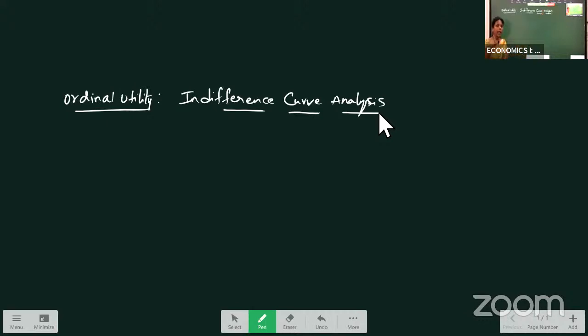Why? Because in reality, we cannot use cardinal utility, meaning we cannot measure our satisfaction. That is the reason this ordinal utility approach was explained by Hicks and Allen, as we studied in the previous class. So now let us discuss indifference curves.